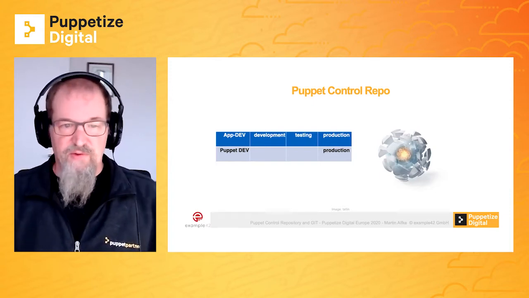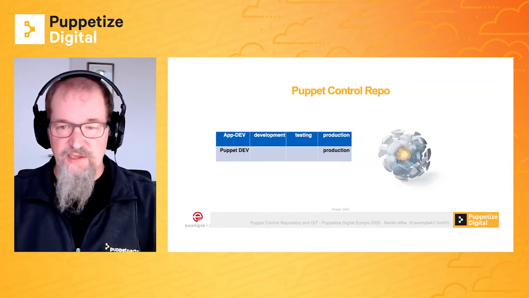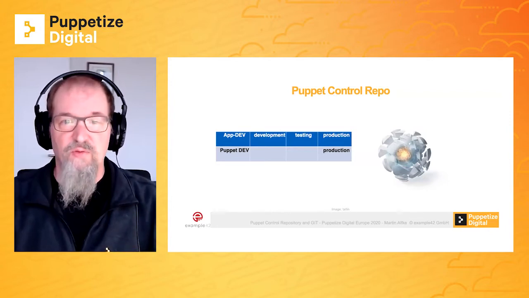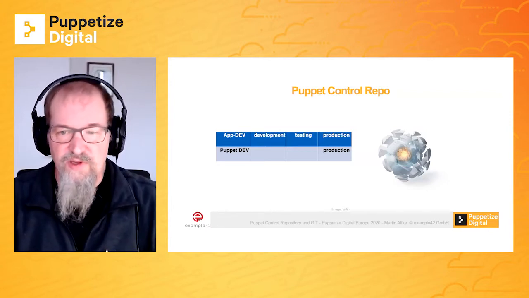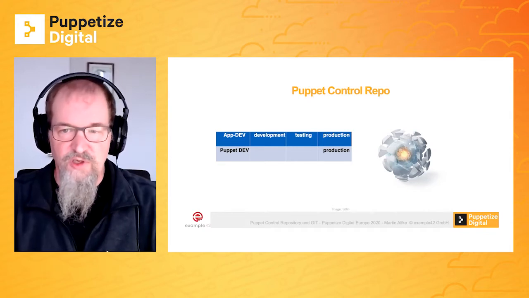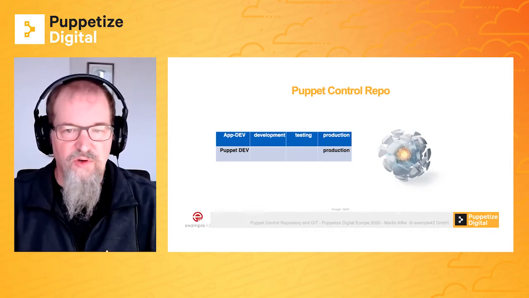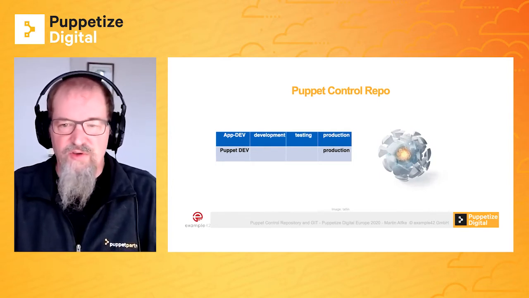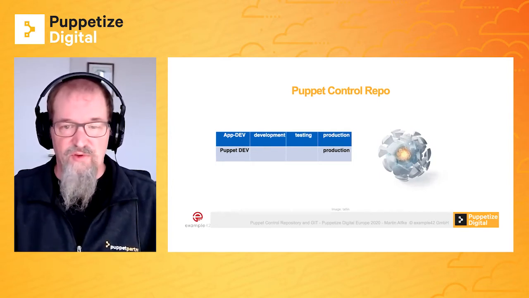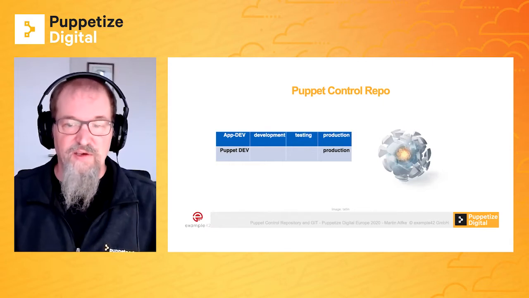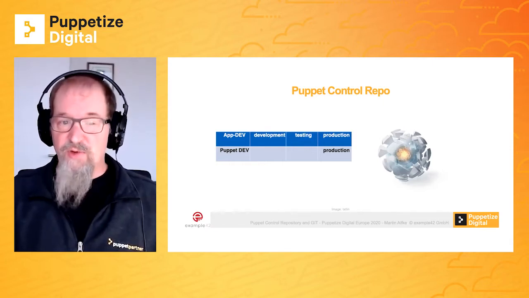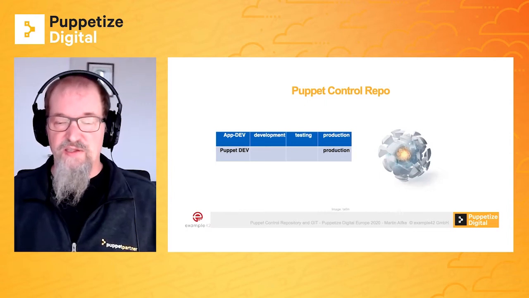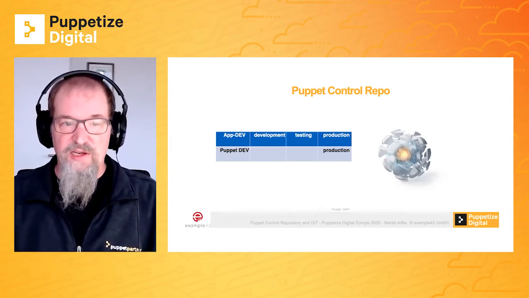Well, at that specific customer, one day there was the day that had the name never, and one single commit broke the whole development platform. No more Git, no more Jira, no more Confluence, no more anything, because a single commit caused the virtualization platform to just tear down everything. Puppet did what it was expected to do. It was just that the commit was wrong and added wrong data.